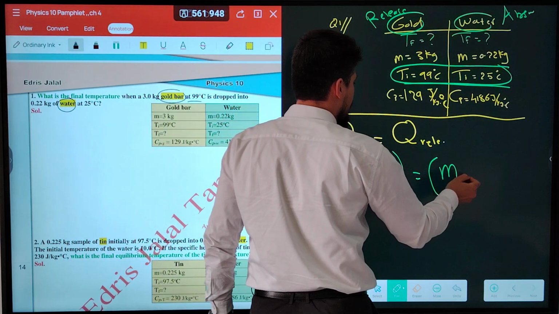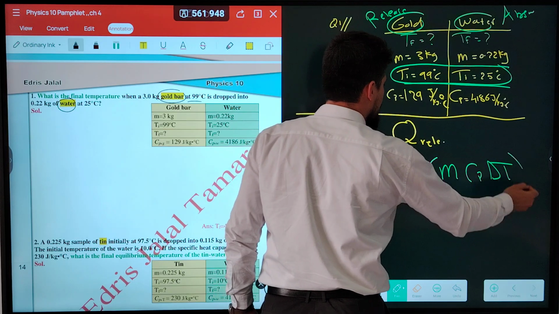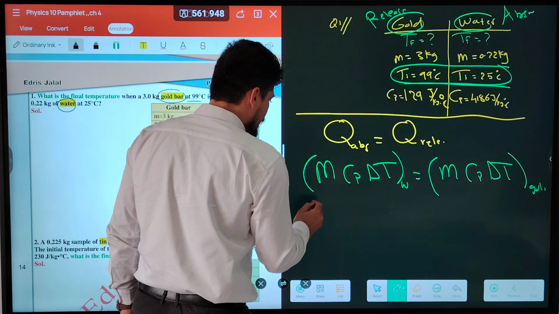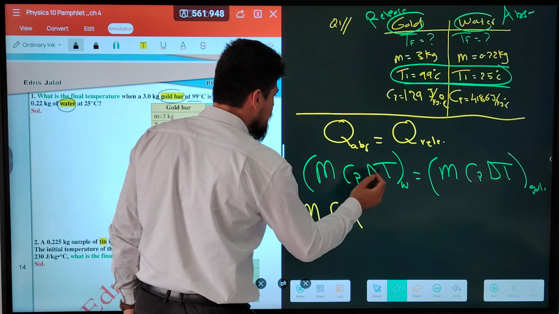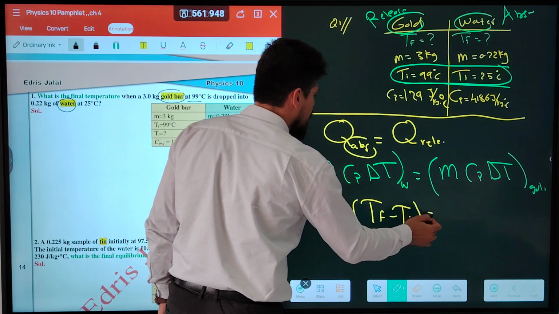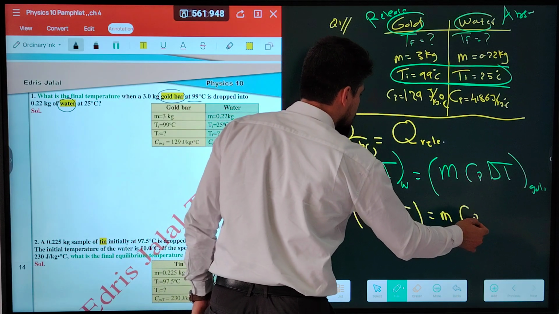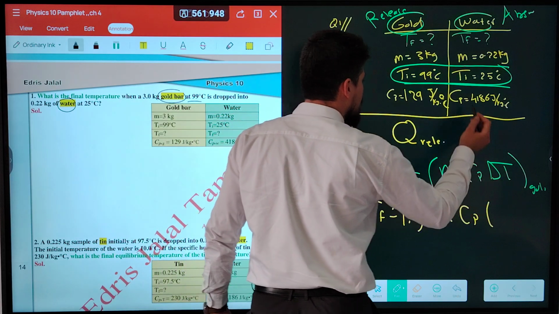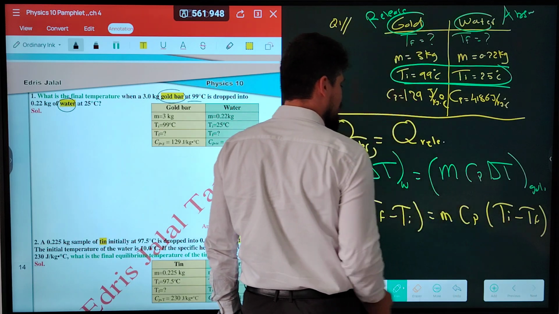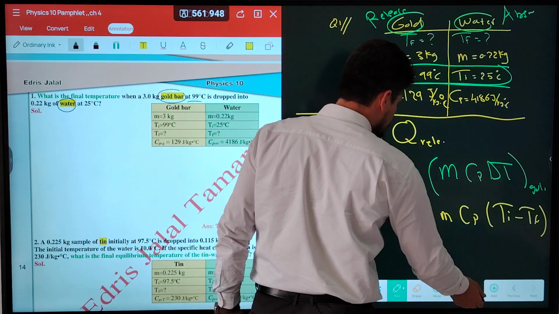Q release is also mCp delta T, but for gold. Bring down m Cp delta T, which for absorb is T final minus T initial. Bring down this mCp delta T for the gold: T initial minus T final. Why? Because it released.